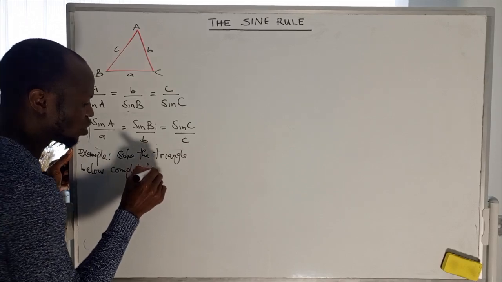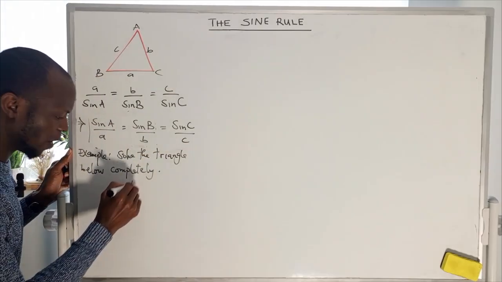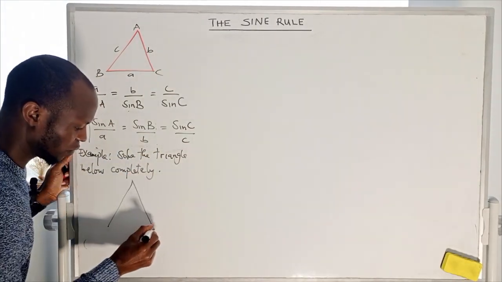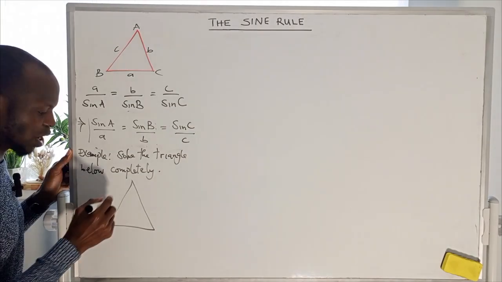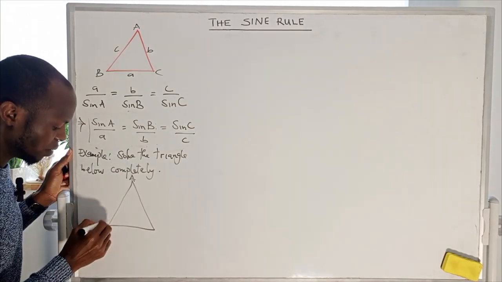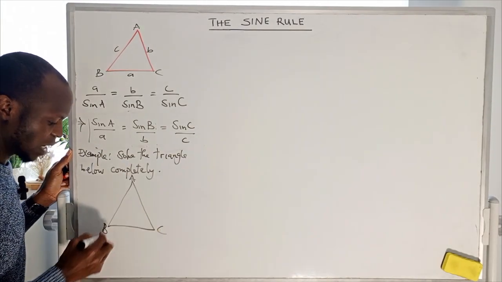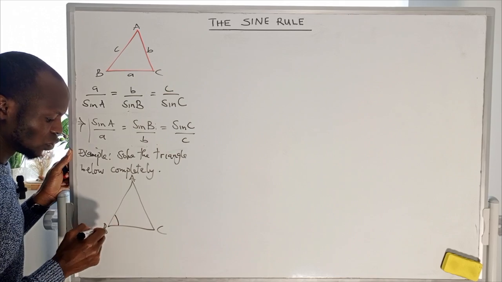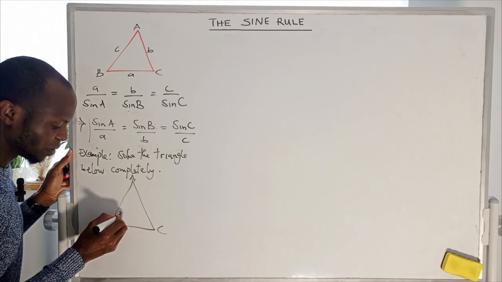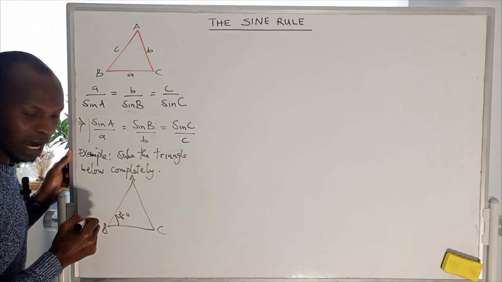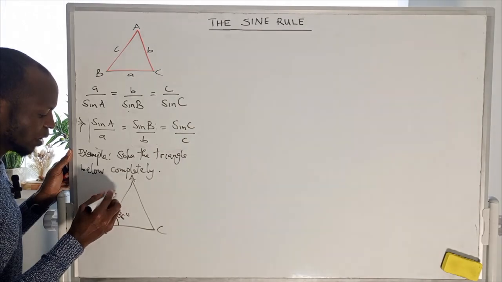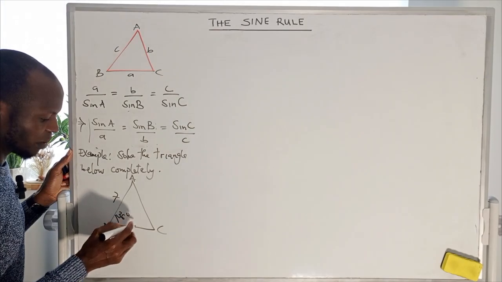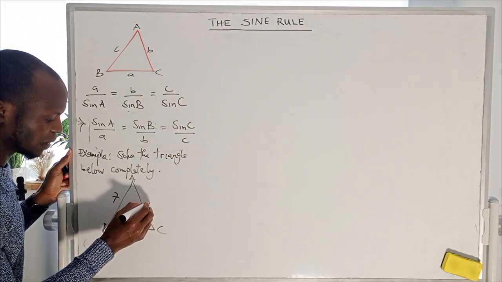What's the triangle? Assuming we have the triangle A, B, C, and I'm given this angle to be 36 degrees, I'm given this side to be 7, and I'm given this side to be 8.